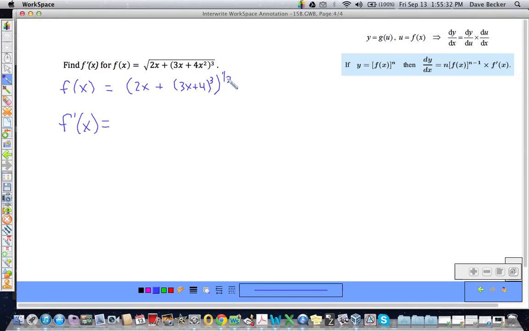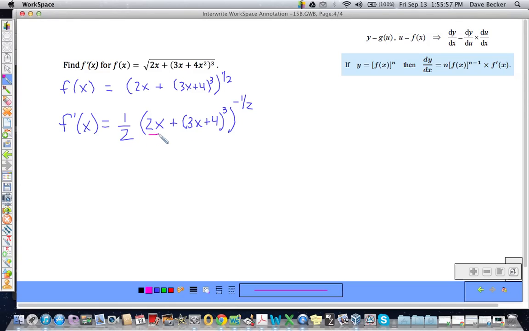Bring the power rule, 1/2, up front. So 1/2 times, I'm going to leave the inside alone, (2x plus (3x plus 4) cubed), 1/2 minus 1 is to the negative 1/2. Okay, so now I've taken the derivative of the outside.